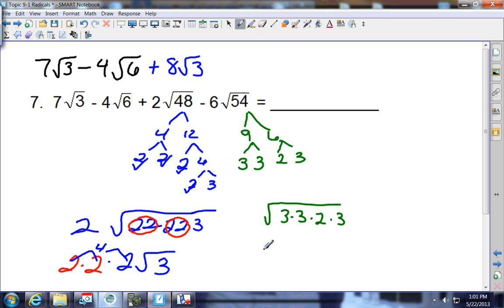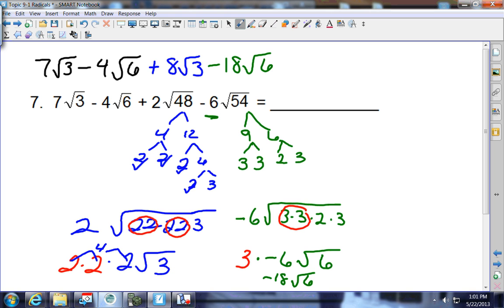But wasn't there a number out in front? Yeah, so let me put the negative 6 out here. All right. I put it down in the prime numbers. I have 3's that go out front. So I have 3 times negative 6 square root of 2 times 3 is 6. So this is negative 18 square root of 6.